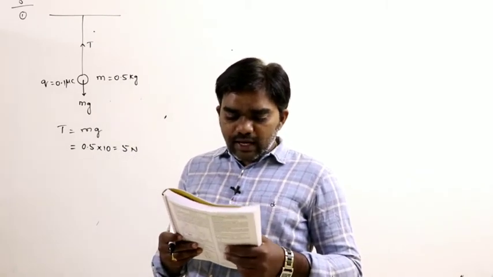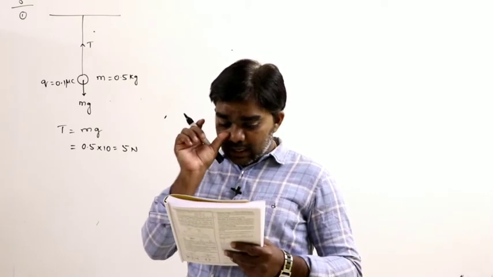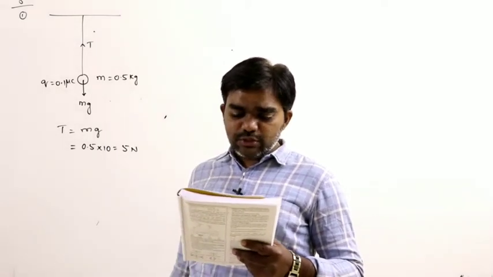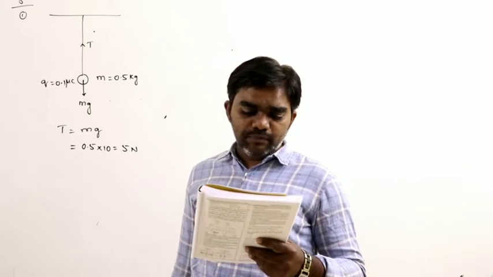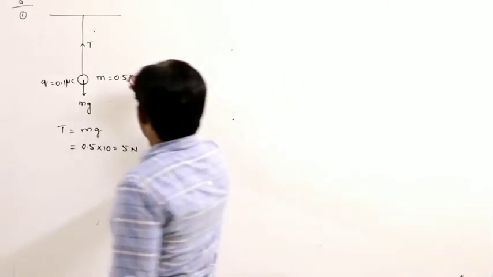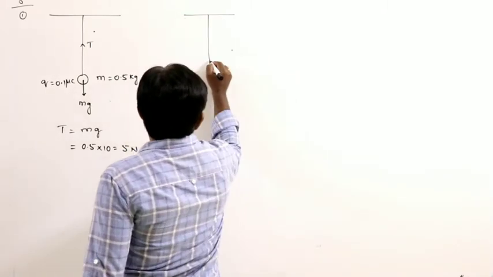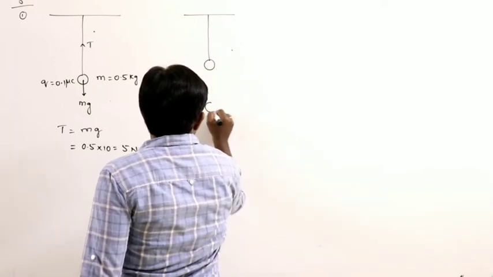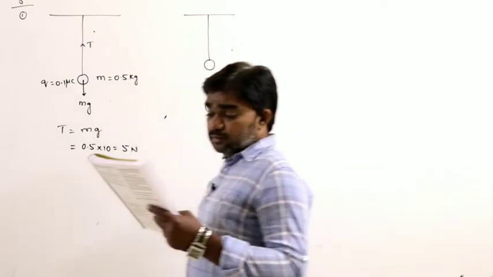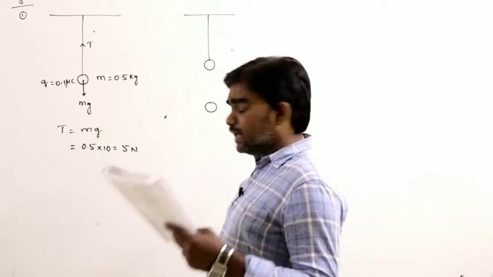When a ball with the diameter 5 centimeters and a like charge of the same magnitude is brought close to the first ball but below it. So here in the second situation, this is the ball, another ball with the diameter 5 centimeters and like charge.